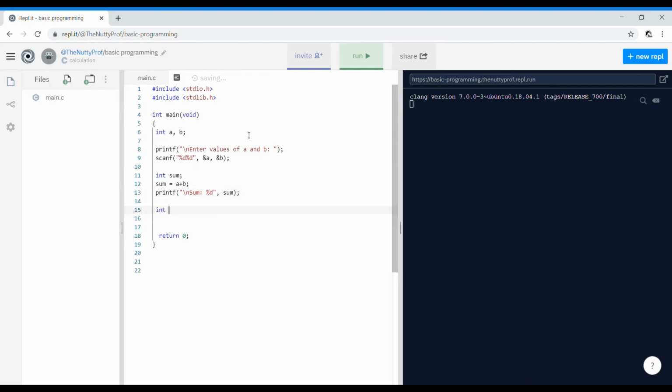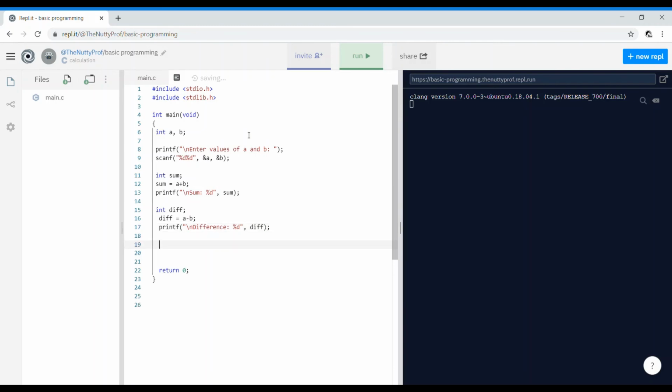Now int difference is equal to... I'll show you the other method also, where you just want to find out the value of the difference without the sign. So difference is equal to a minus b for now, and printf("\nDifference is %d", diff).